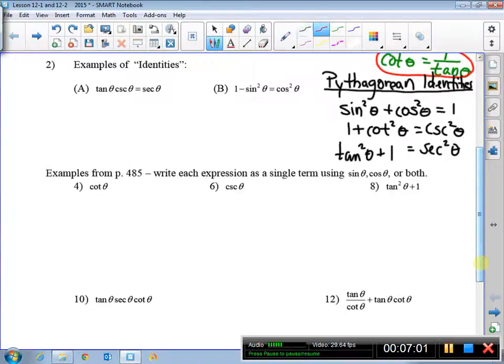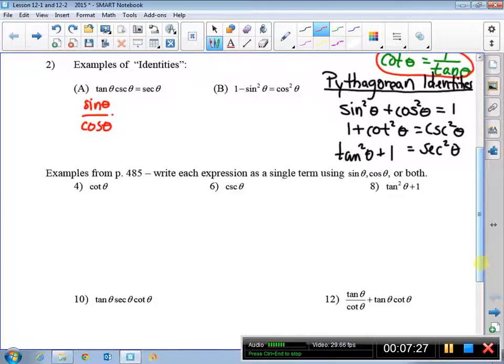So identities, when we want to prove identities later on, they're equations with trig functions in them in this case, and what we want to do is we want to get the sides to be the same. So we're going to take this one, and we know from everything we just wrote down that tangent is sine over cosine.